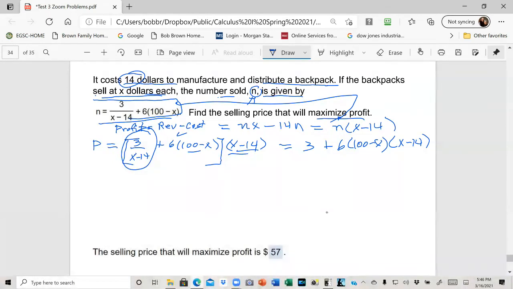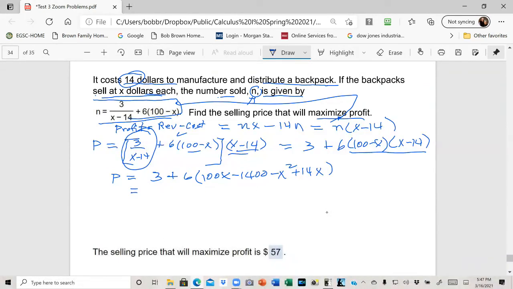And the profit is 3. We need to multiply this out, which is 6 times 100X minus 1400 minus X squared plus 14X, just FOILing that out.